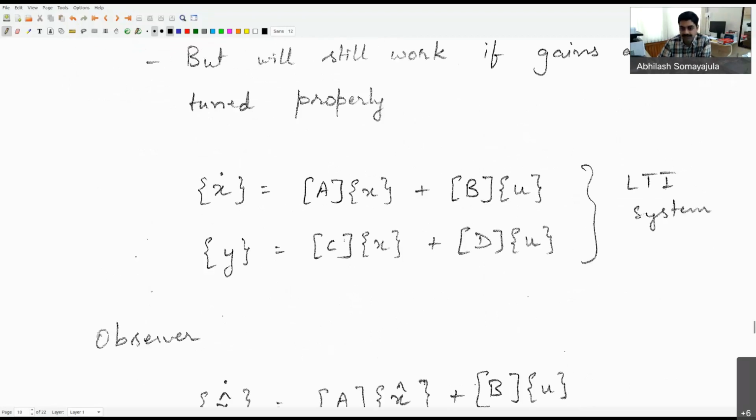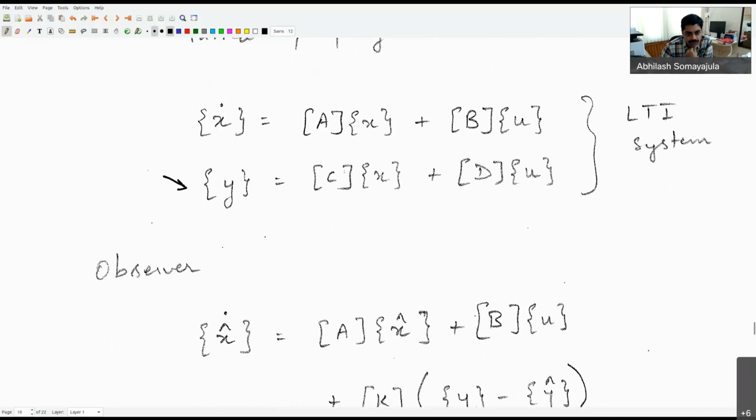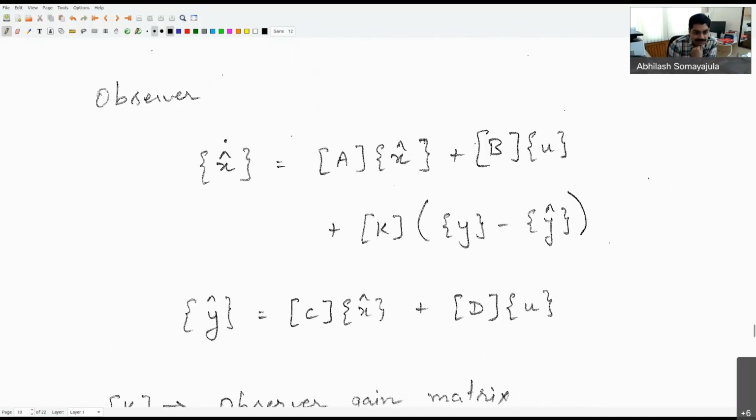So if we have a typical LTI system, a linear time invariant system, which is given as this, where X is my state vector and Y is the output which I am trying to measure, then the observer is simply following the same dynamics as my plant. You will see that it is similar: X dot hat.